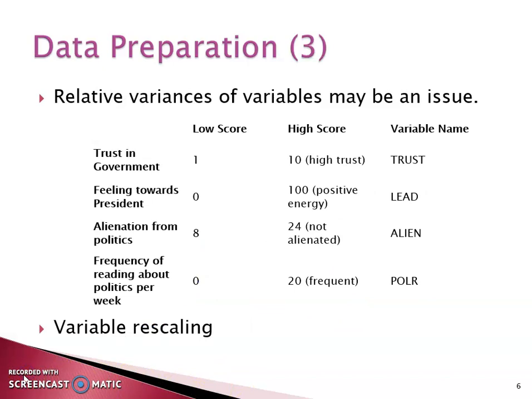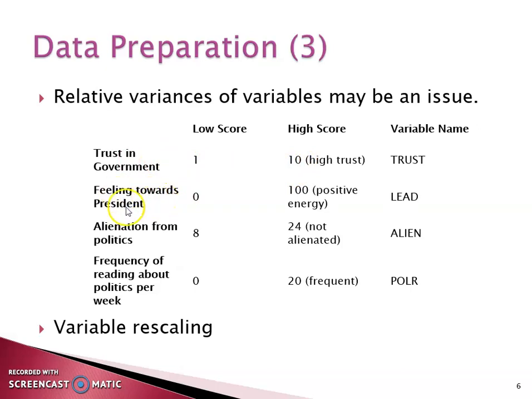Relative variances is an issue unique to SEM. Let me use this data set to explain what relative variances are. There are 4 variables in this data set. You can see that the ranges of the variables differ dramatically. For trust in government, the possible range is from 1 to 10.